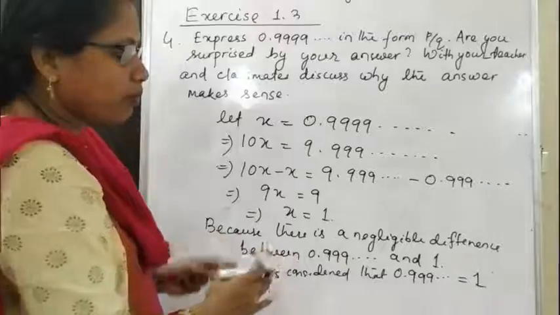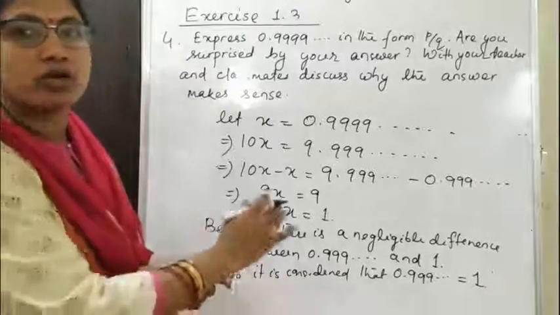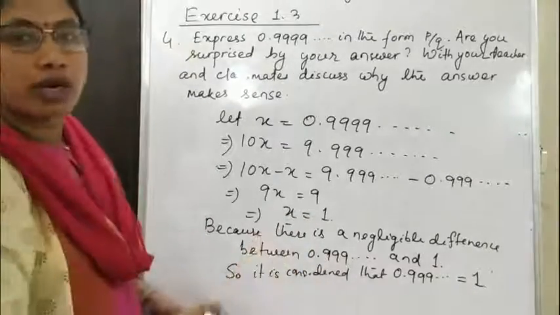Nearly, very near, 0.9 bar is very nearer to 1. So that is equal to 1.